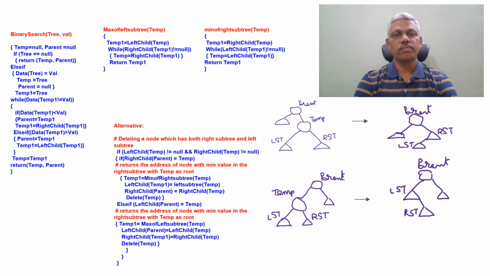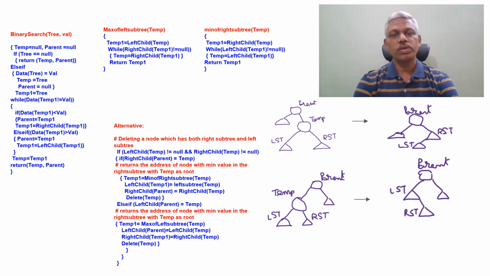So for that we have functionalities added here. Max of left subtree of temp: we start with the left child of temp. Temp1 is equal to left child of temp. While right child of temp1 not equal to null, we need to traverse through the left subtree so that we can reach the maximum, because maximum elements will be there in the right part of the LST.